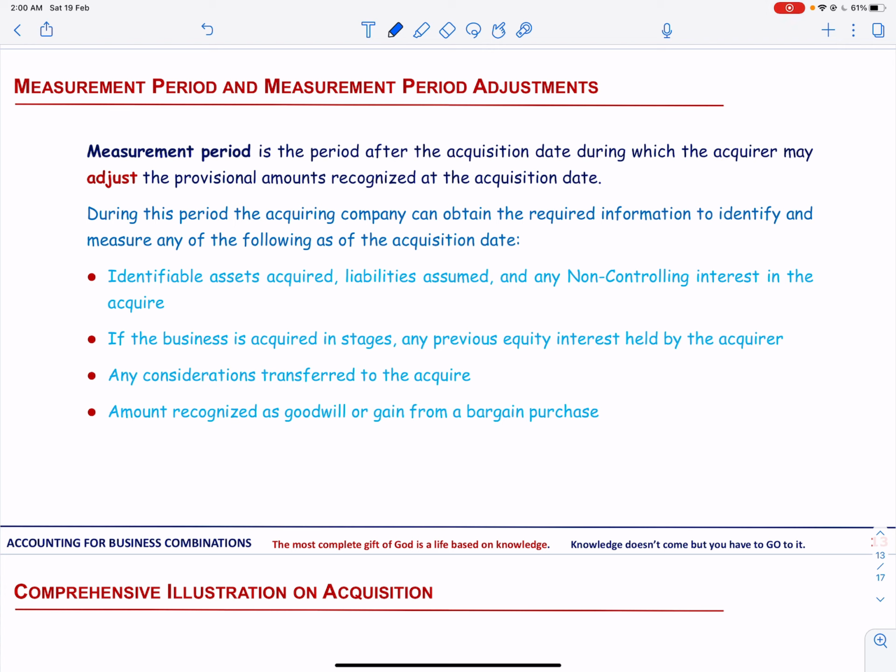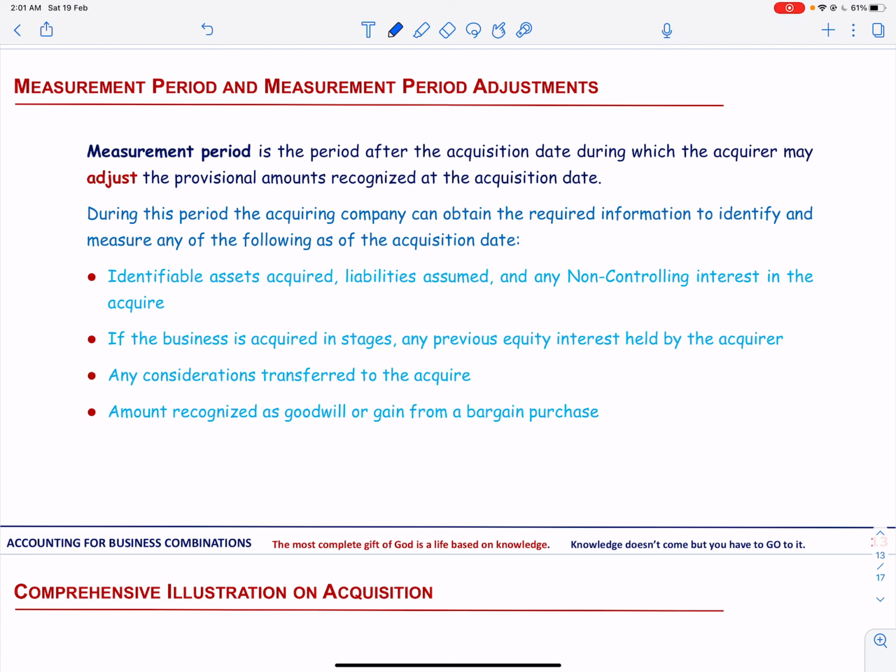During this period of 1 year, the acquiring company can obtain the required information to identify and measure any of the following information: identifiable assets acquired, liabilities assumed, and any non-controlling interest.